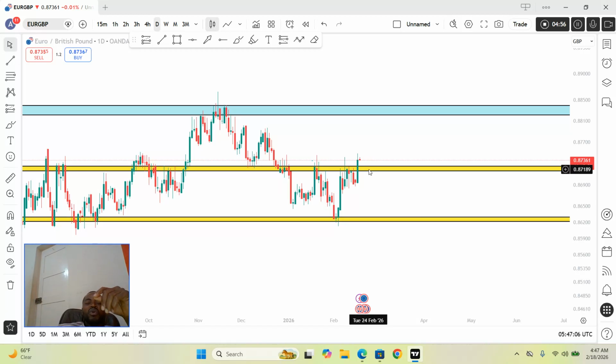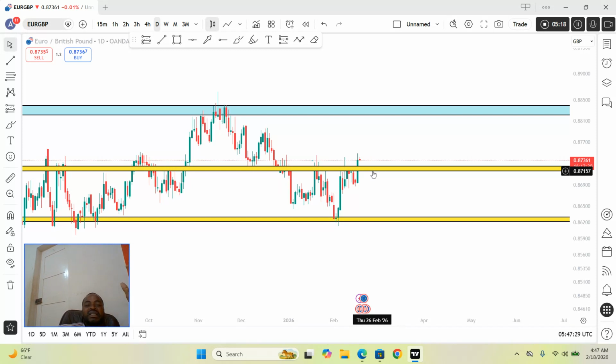We know that the daily resistance level is very strong, so for the price to break above it is indeed a great movement. This daily time frame is showing us one of the reasons why this pair is needed to buy: it has broken above the daily resistance level.